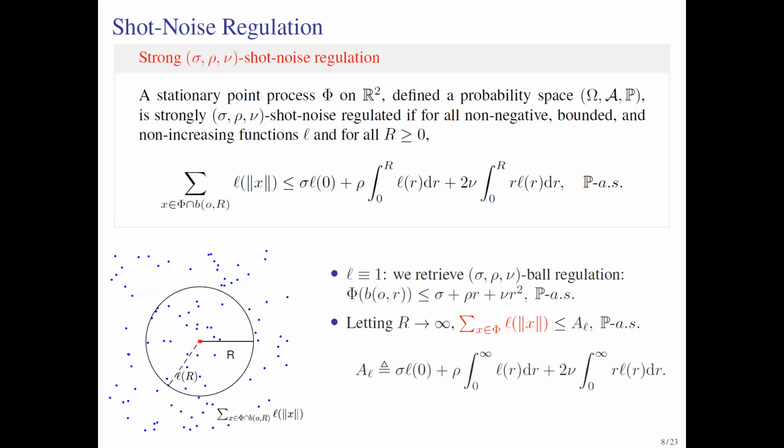And the second point explains why we call this shot noise regulation, because if we take this radius arbitrarily large to infinity, then we obtain an upper bound on the shot noise, which is the summation of all the points in the point process, where you sum up all the shot power from each of them.